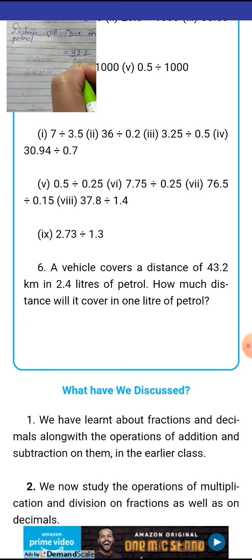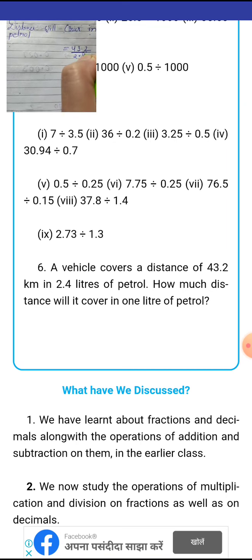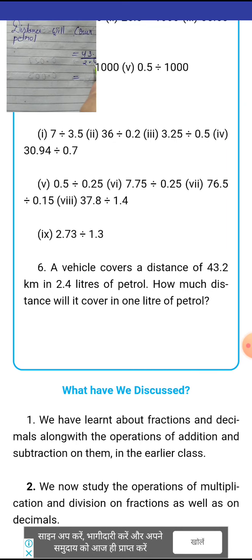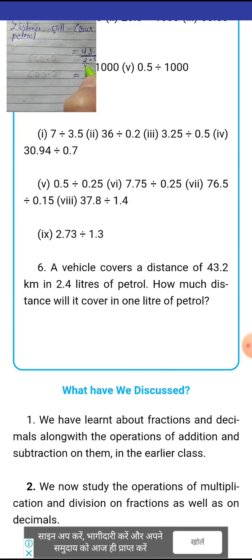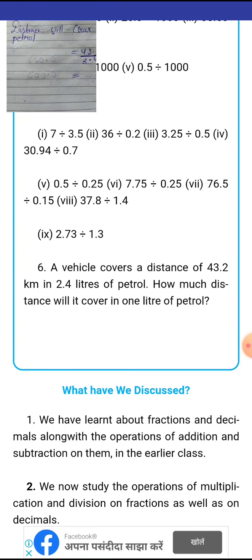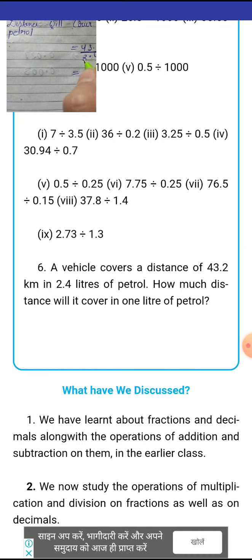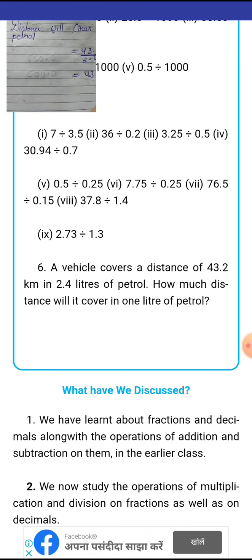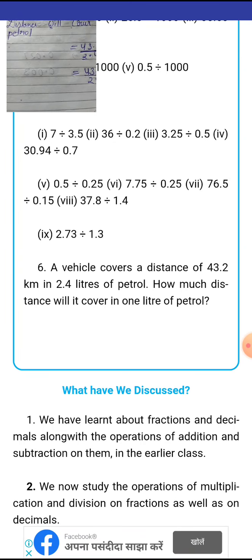43.2 by 2.4. As we all know, when we have a decimal number in the denominator, first we remove the decimal from the denominator. So for removing the decimal from the denominator, we multiply our denominator and numerator by 10.